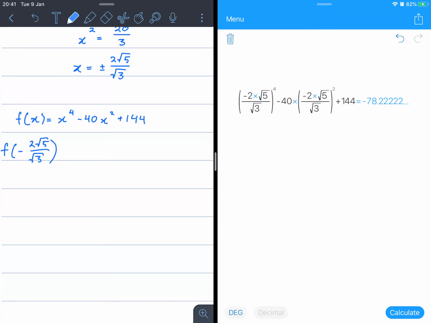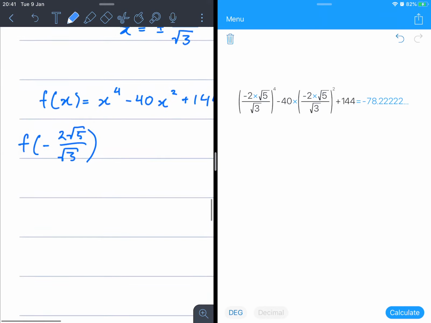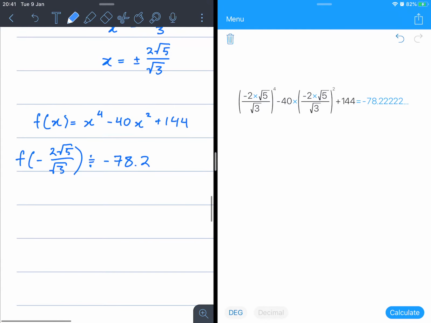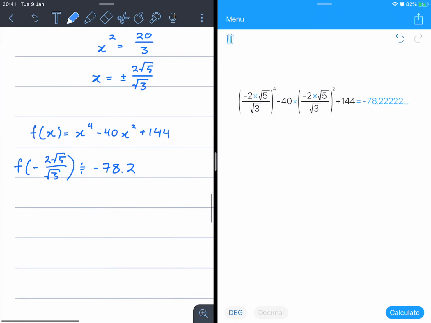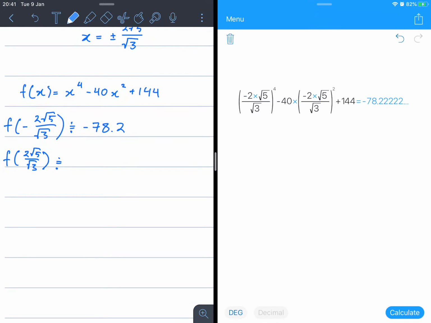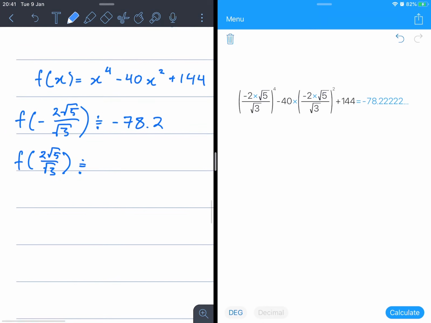Can't make it into a decimal. That's fine. This is going to be approximately negative 78.2. Now, because of the nature of the function being symmetrical, if we were to take the positive version of this, it will have the exact same y values. But just to test it out, we'll make those positive, and that one positive as well.